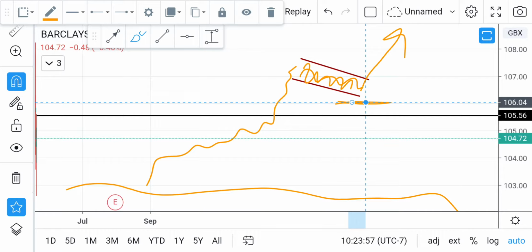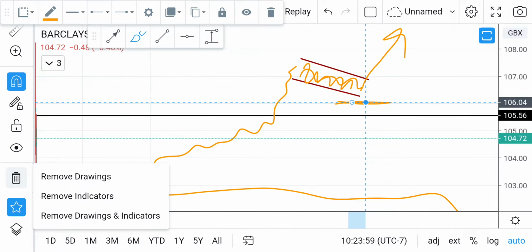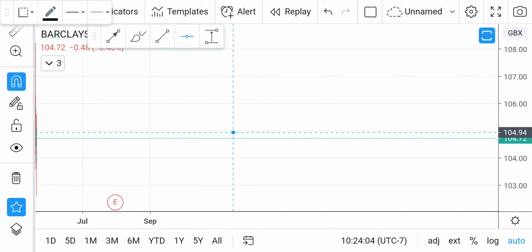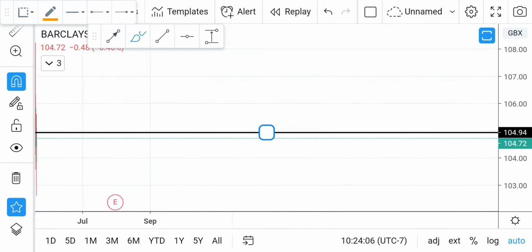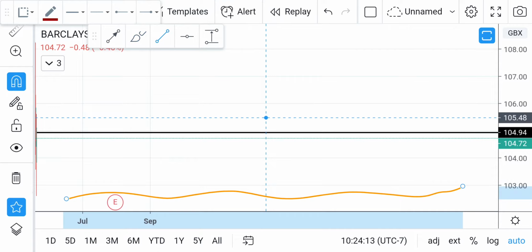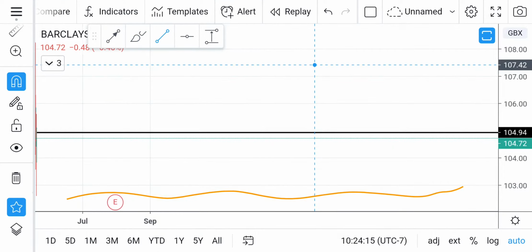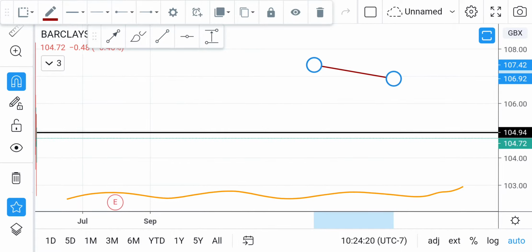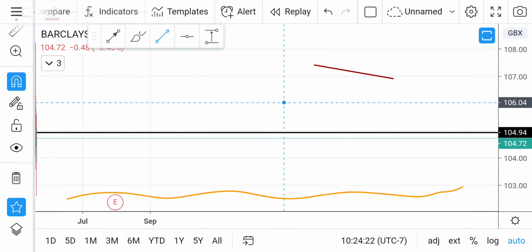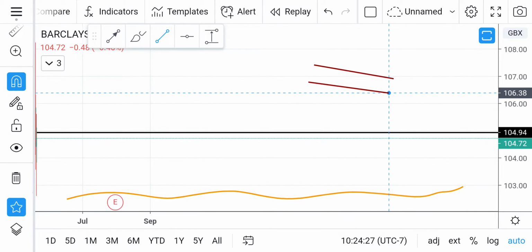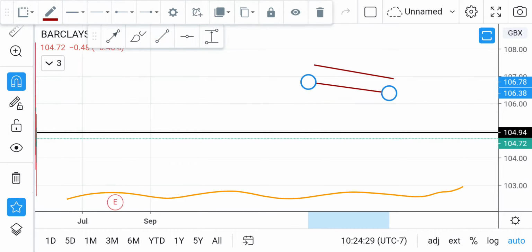Let me try and illustrate it again. Let's say you have your resistance over here, and this is your 200 period moving average, and price is above it, so it's an uptrend. A bull flag is just a little consolidation that looks like a flag, like a falling channel.